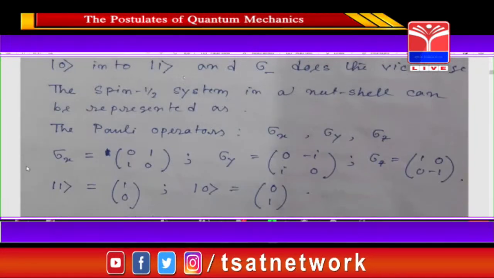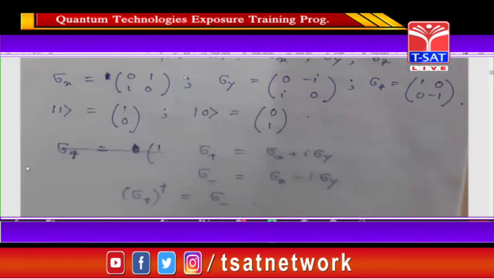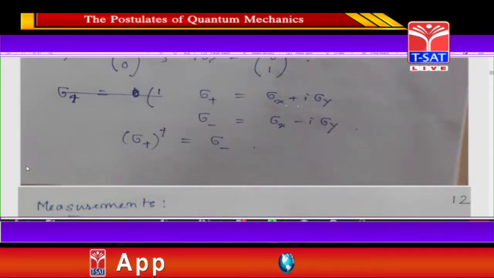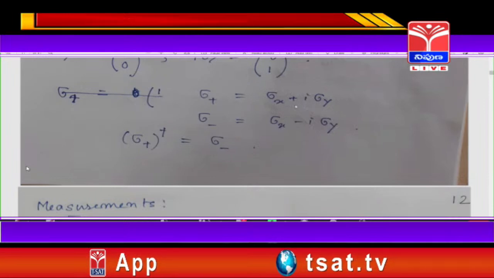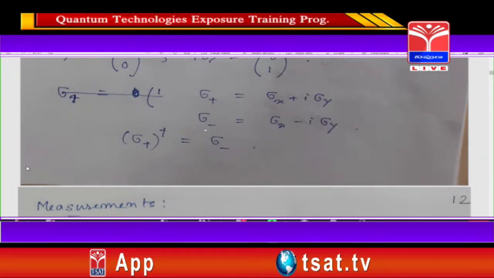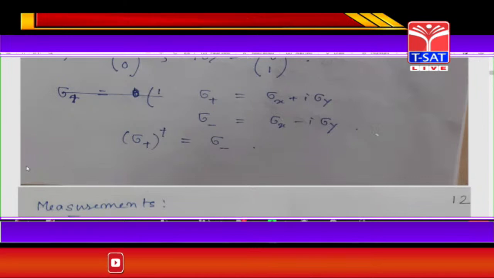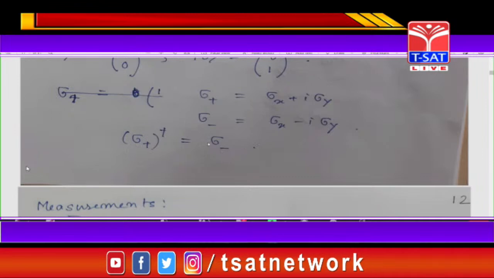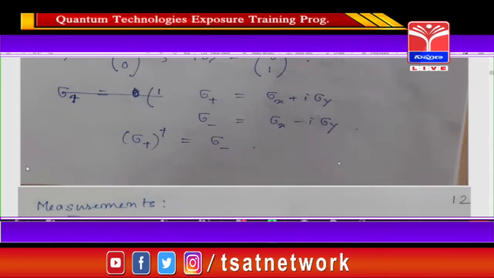And sigma plus and sigma minus can be written as sigma x plus i sigma y, where i is the imaginary number, 2 to the power minus 1, and sigma minus is sigma x minus i sigma y. So sigma minus and sigma plus are conjugate to each other.